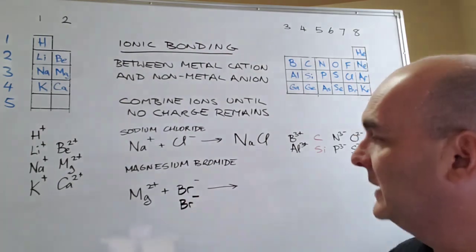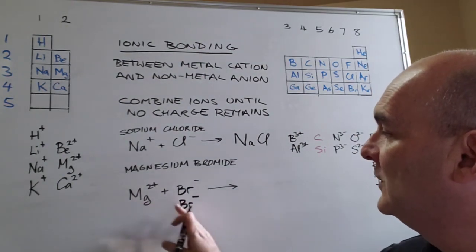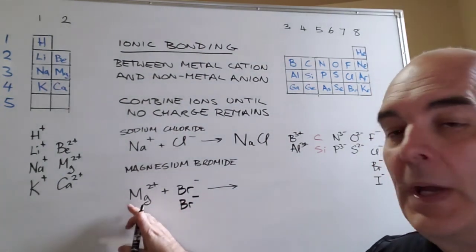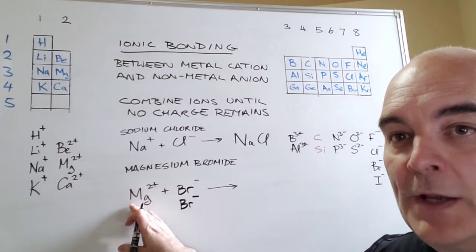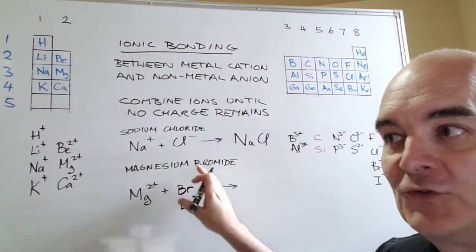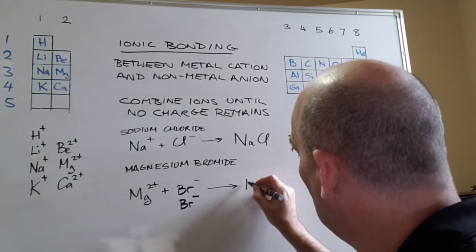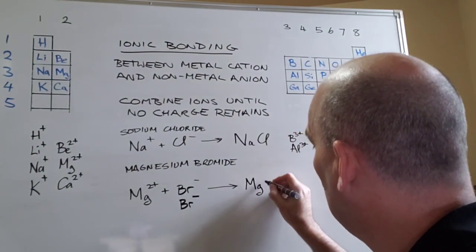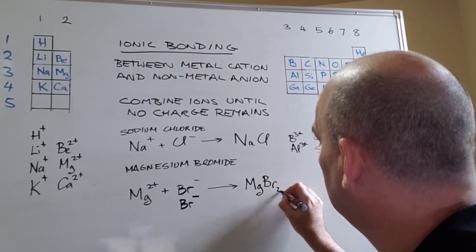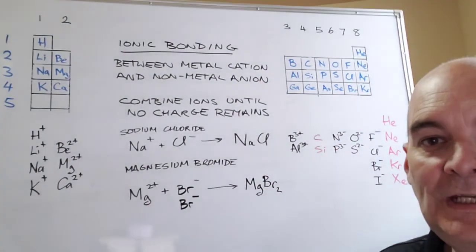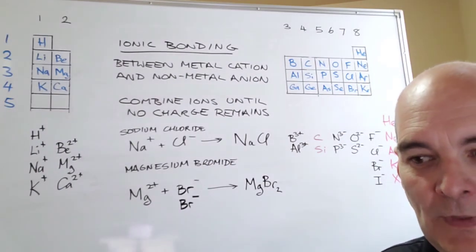So in this case, magnesium bromide is a compound that contains 1 magnesium ion and 2 bromide ions stuck together. So the chemical formula for magnesium bromide is MgBr2.